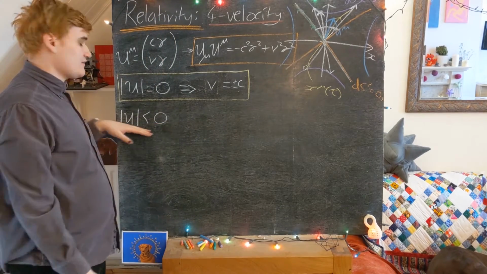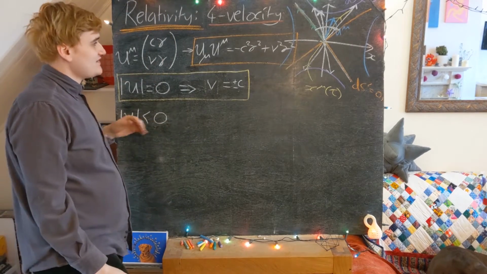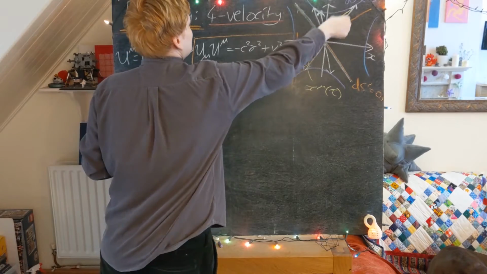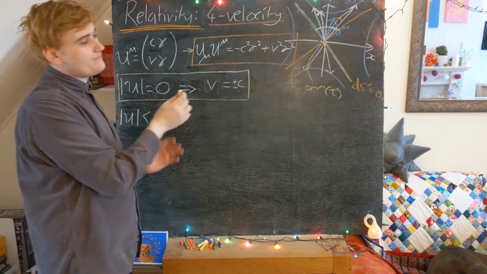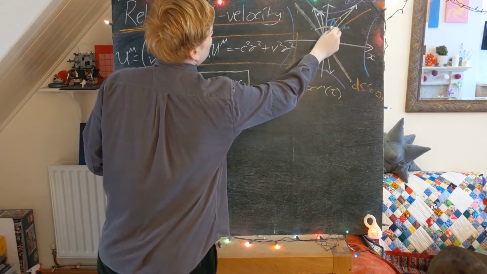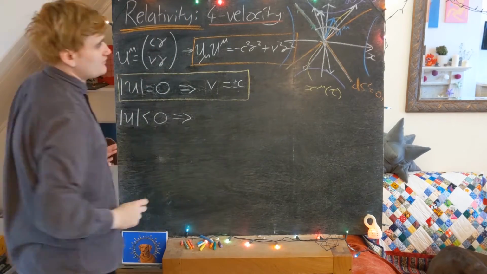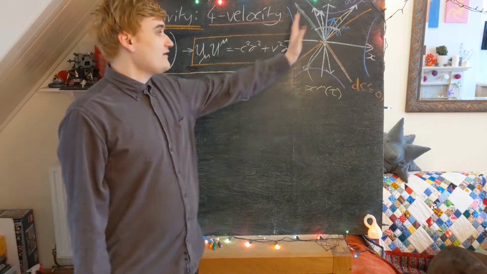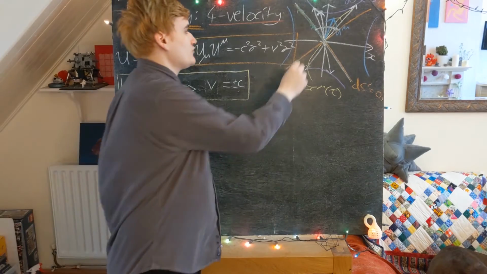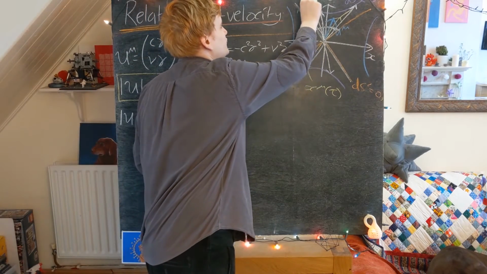And so all of the full velocities that have negative length point within what I'm going to start calling the forward light cone. So if your full velocity has a negative length, you're always pointing somewhere on this forward light cone.